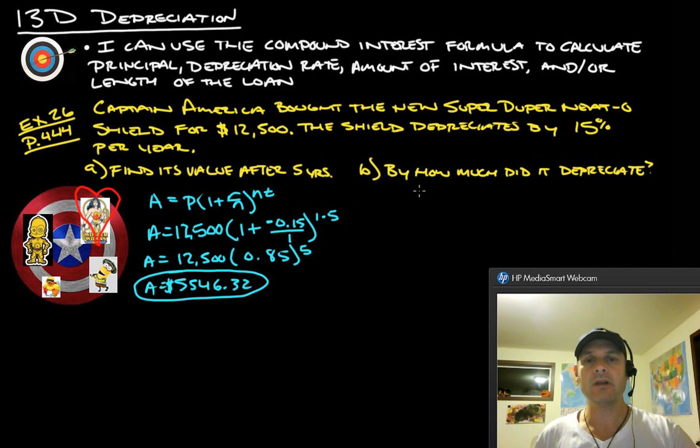Okay, now they're asking by how much did it depreciate. So if it's worth this much after 5 years and it was worth 12,500 originally, all we need to do is simply take 12,500 and subtract $5,546.32 to see what we get.